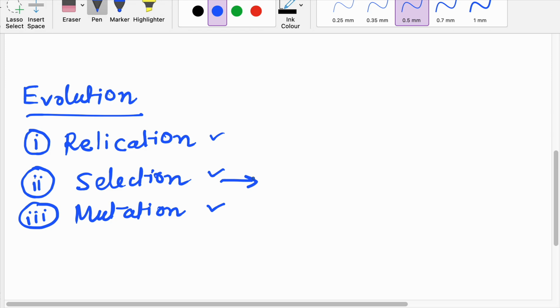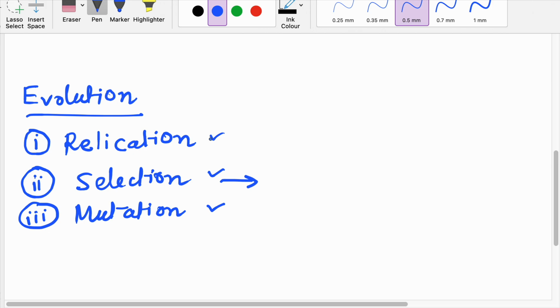And the second question, why is mutation needed? Mutation is needed because, suppose in the population there is no mutation, and everyone in a species is just replicating. Suppose two types of individuals are there, one with black hair, one with white hair.